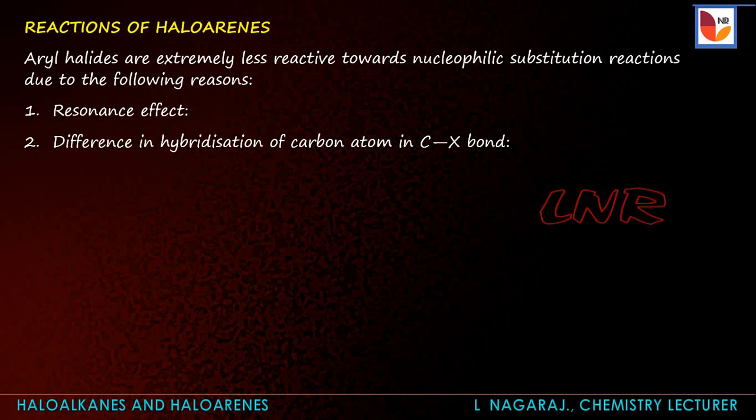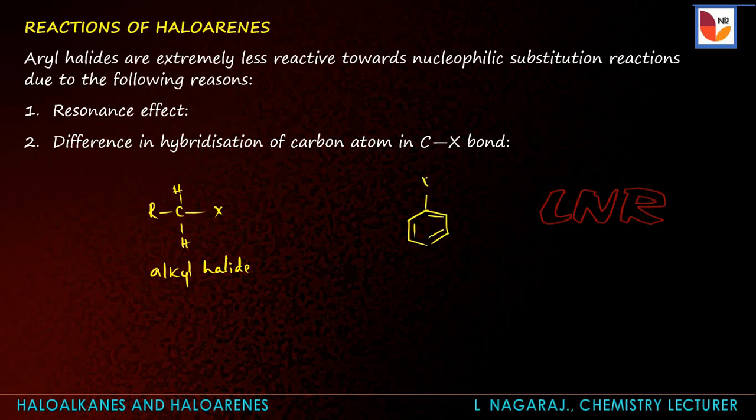That is, in the haloalkanes, that is R-CH2-X, it is to be called an alkyl halide, and in the case of aryl halides, the halogen atom is attached to the aromatic ring.